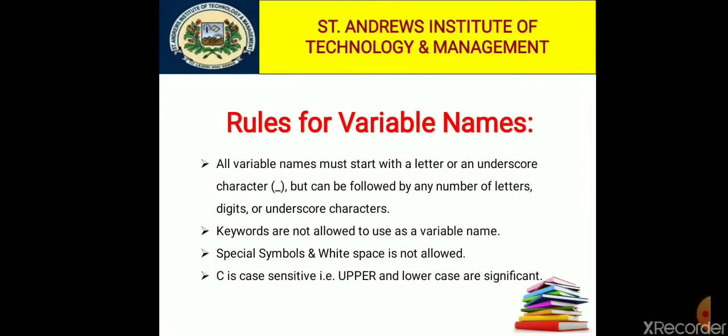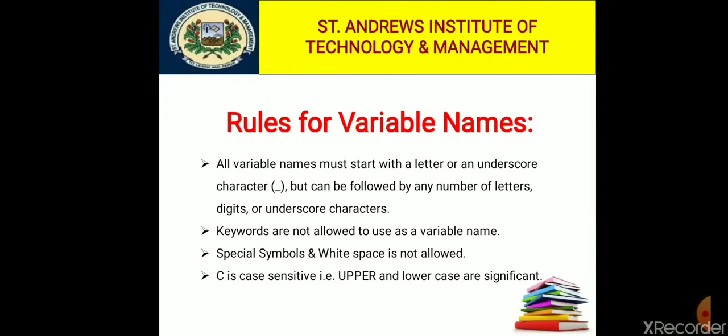So variable names must be unique in the sense that we do not use keywords as variable names. Then special symbols and white space are not allowed. And we also know that C#, C or C++ is case sensitive, which means upper and lower case are significant.